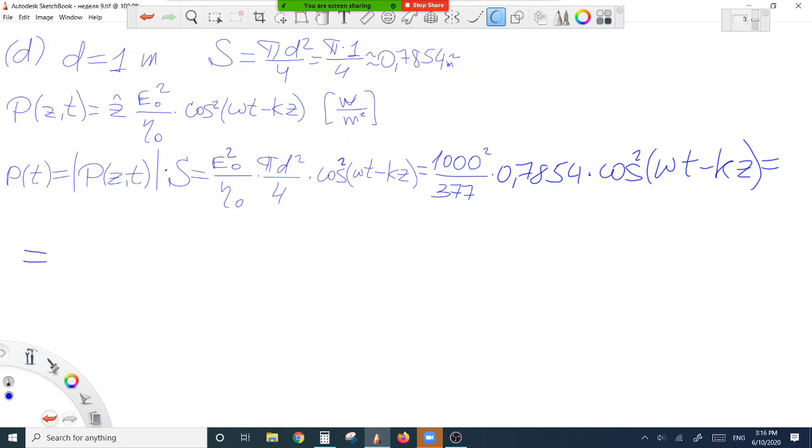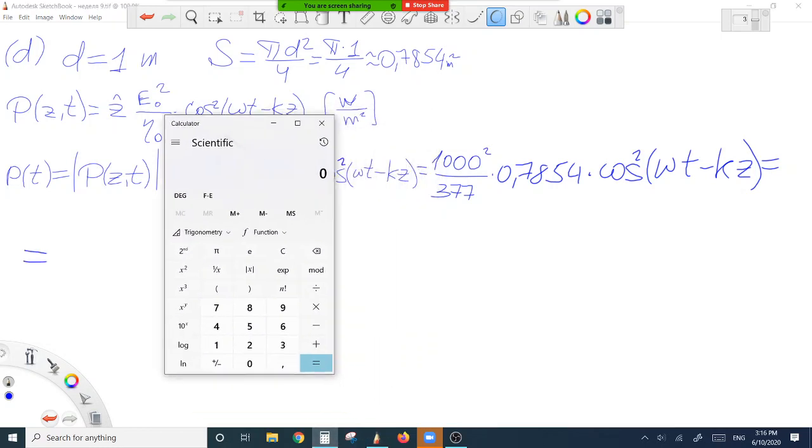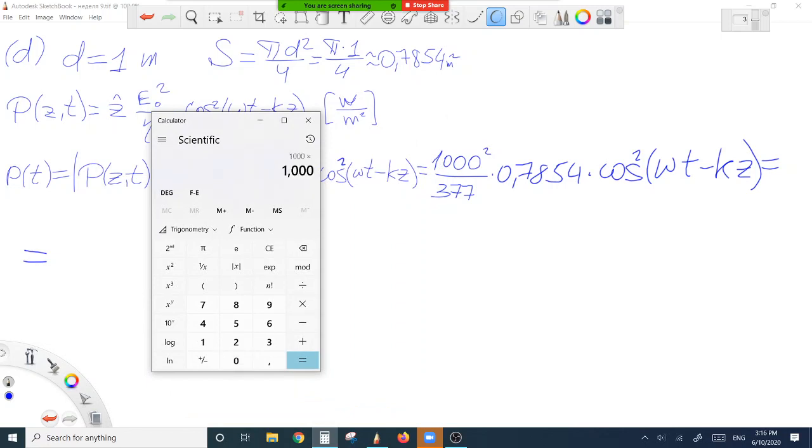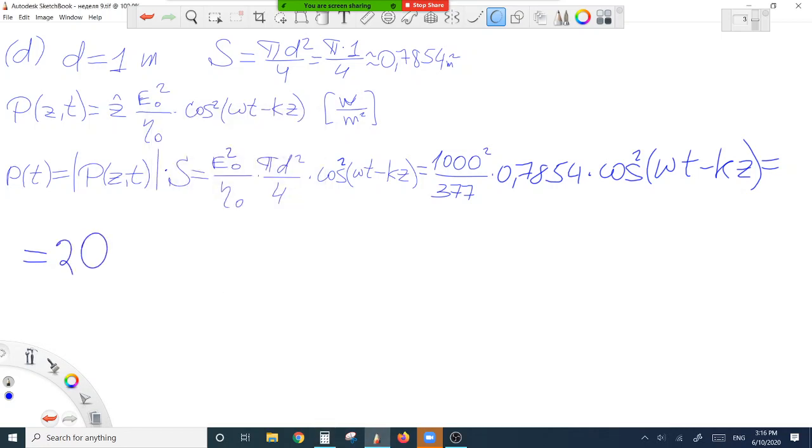Okay, let's compute the numeric values. 1000 multiplied by 1000 multiplied by 0.7854 and divided by 377 gives 2083.29, multiplied by cosine squared.